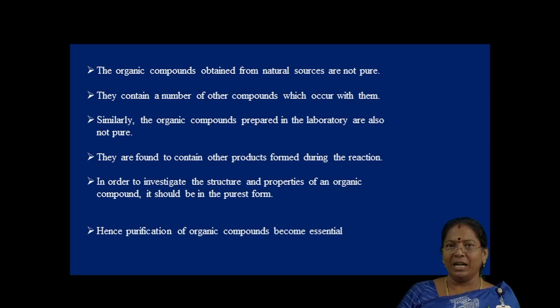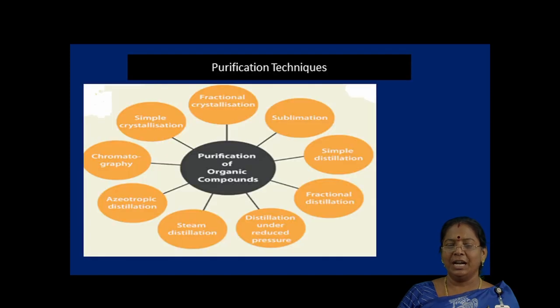These byproducts are not for our regular usage. So, we should eliminate these byproducts. To eliminate these byproducts, it is not an easy way. So, we are using some important separation techniques. What are the purification techniques?